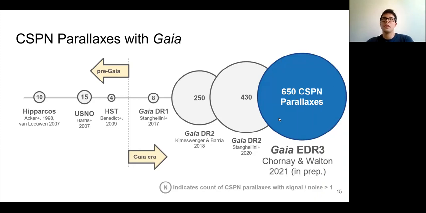About a third of these, so a couple hundred, are actually good enough to be useful in their own right, but the others are still useful in the context of priors or if you're studying larger populations. And it's a huge improvement over previous sets of primary distance measurements based on, for example, modeling.